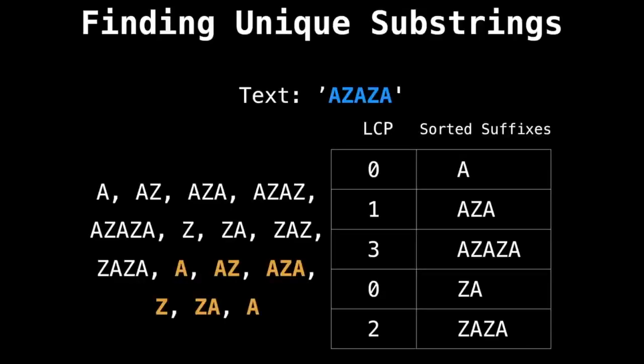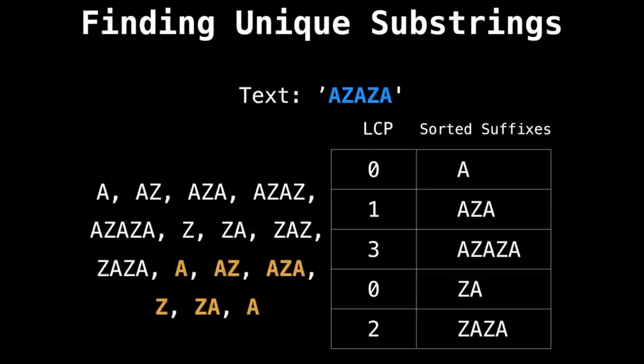So, if the LCP value at a certain index is, say, 5, then there are 5 characters in common between those 2 suffixes. In other words, there are 5 repeated substrings between those 2 suffixes, since they come from the same larger string.